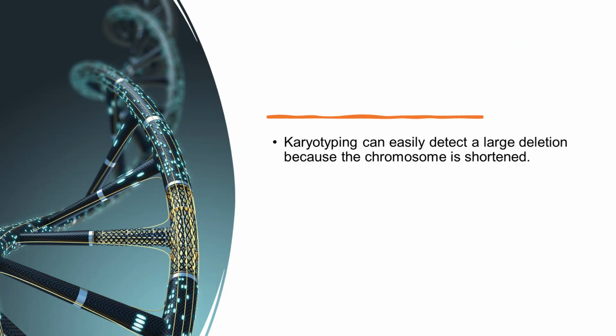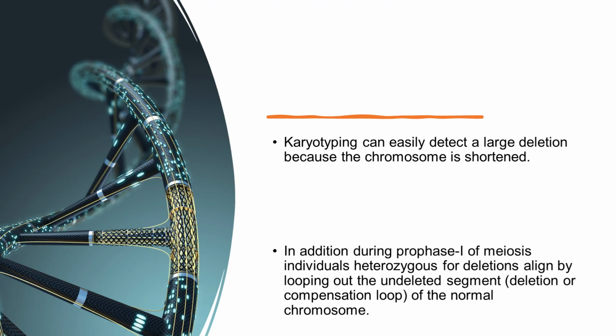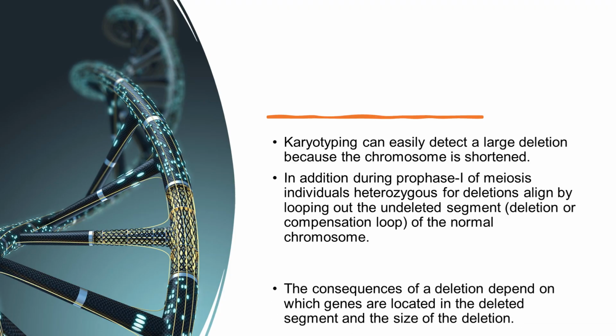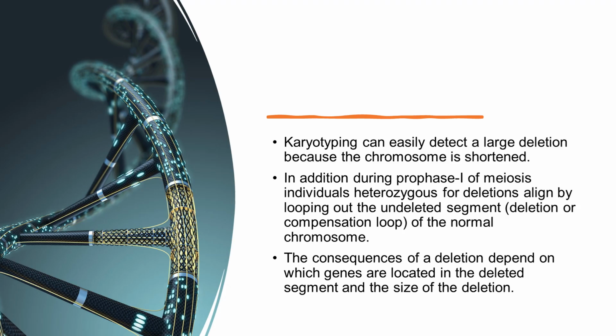Karyotyping can easily detect a large deletion because the chromosome is shortened. In addition, during prophase I of meiosis, individuals heterozygous for deletions align by looping out the undeleted segment, called the deletion or compensation loop, of the normal chromosome. The consequences of a deletion depend on which genes are located in the deleted segment and the size of the deletion.